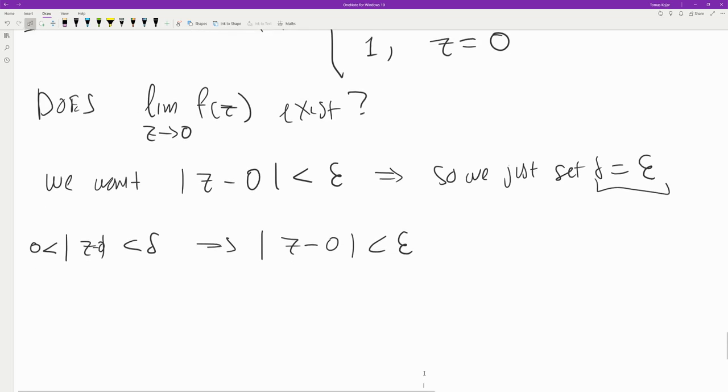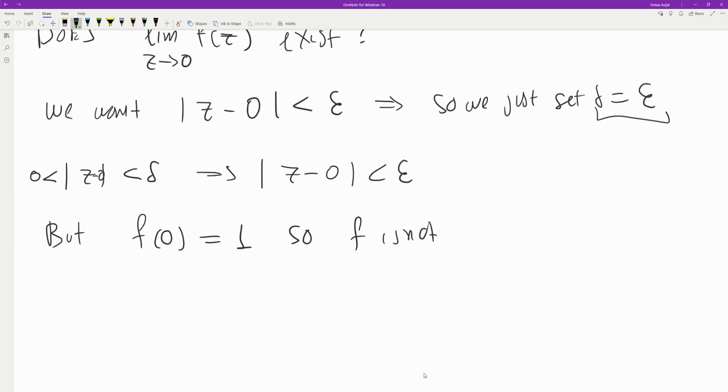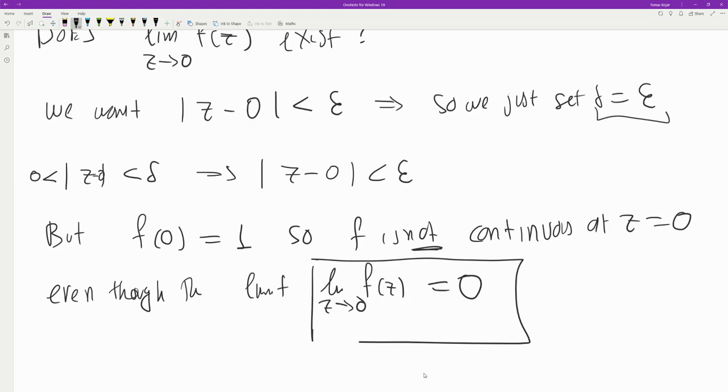Okay, now here's the problem: this function is not continuous, because f of 0 is 1. So f is not continuous at z equals 0, even though the limit of f of z as z goes to 0 is equal to 0, right?